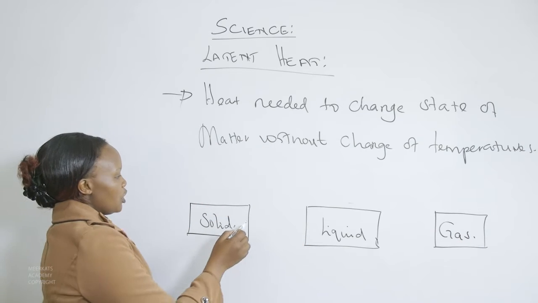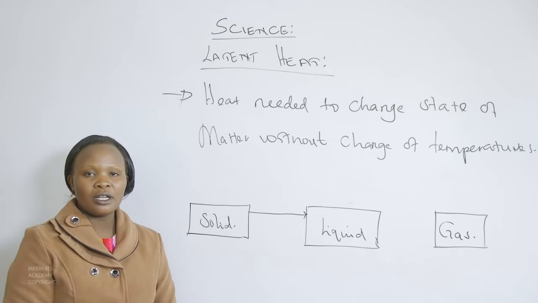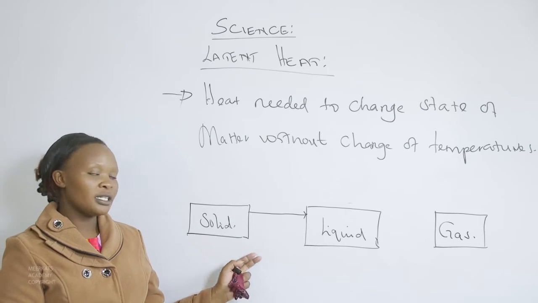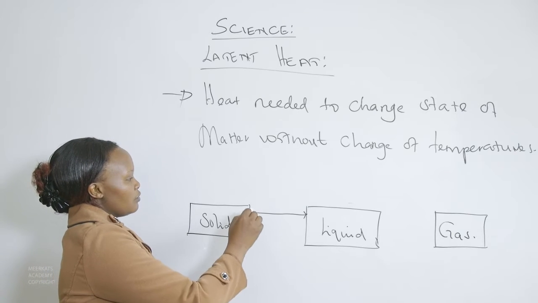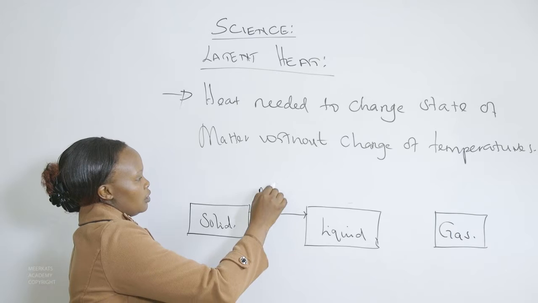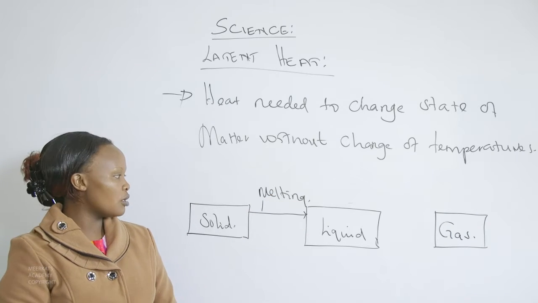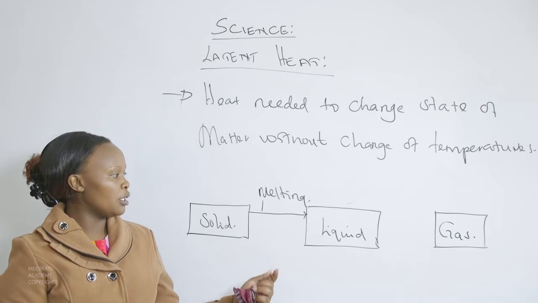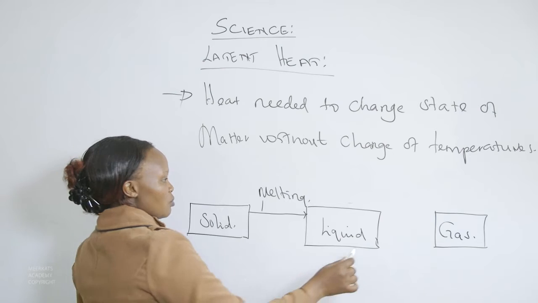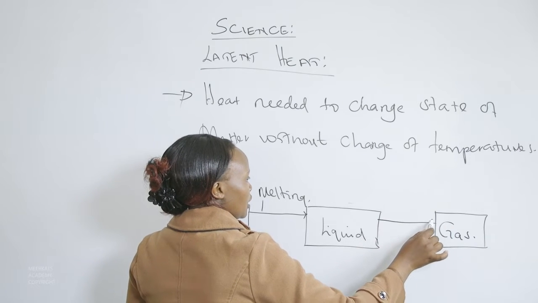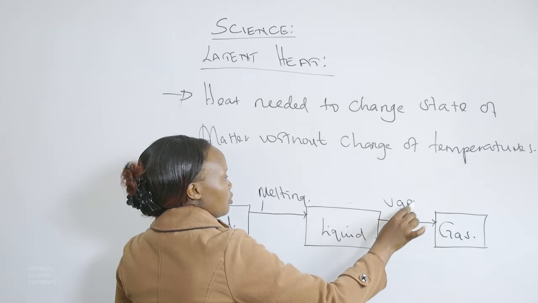Now, to change from solid to liquid, we call that process melting. And melting requires that some heat be absorbed into that solid for it to be in a position to transform to a liquid. We can as well talk about changing a liquid to a gas in a process that we call vaporization.